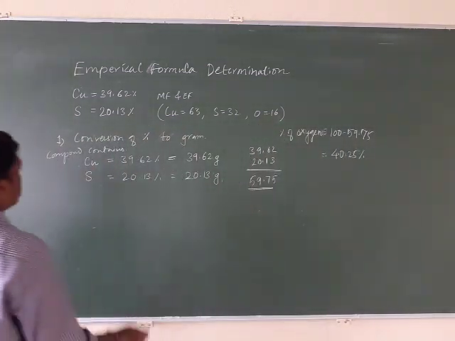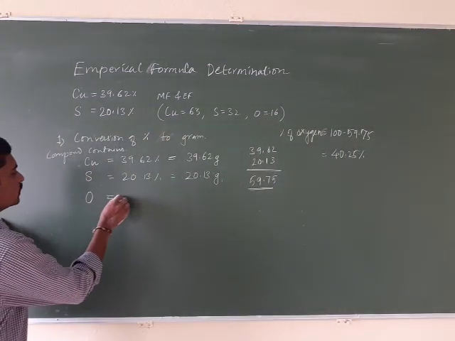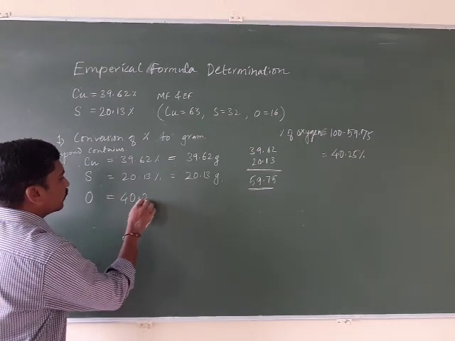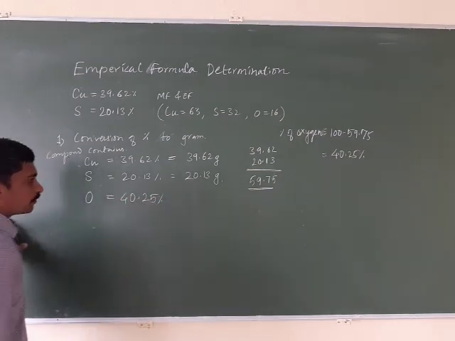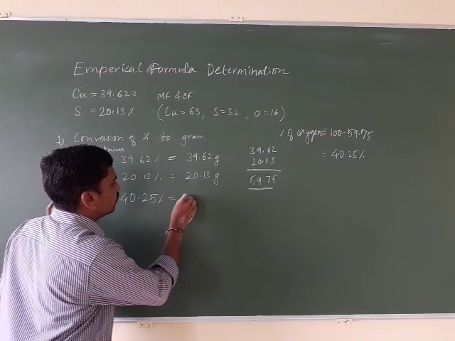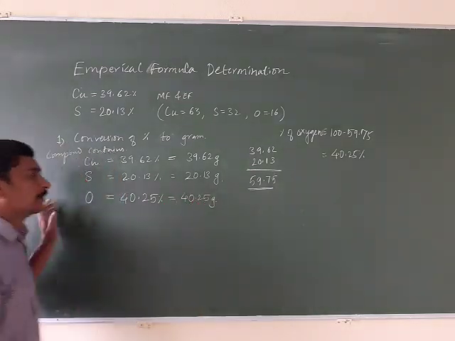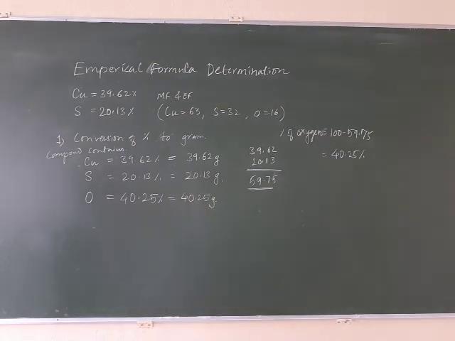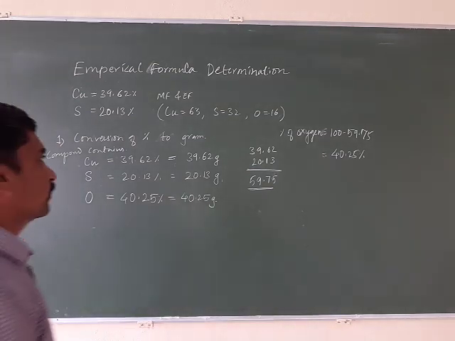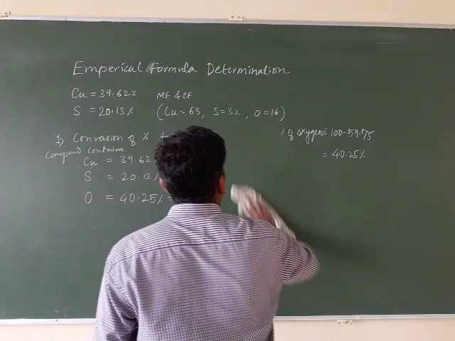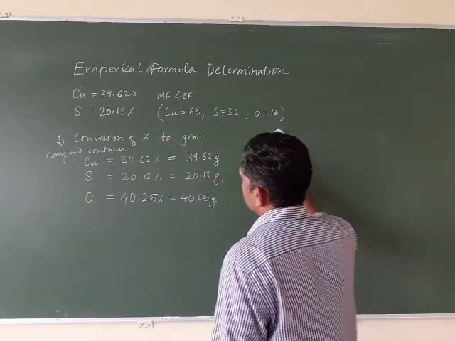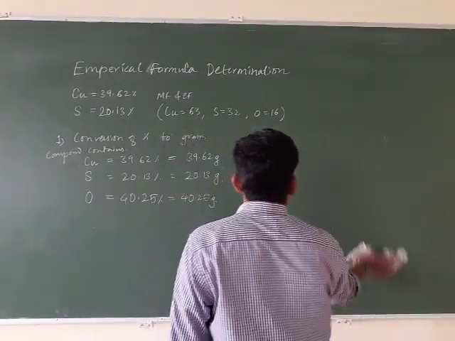Now oxygen is equal to 40.25%, which is nothing but 40.25 gram. Clear?